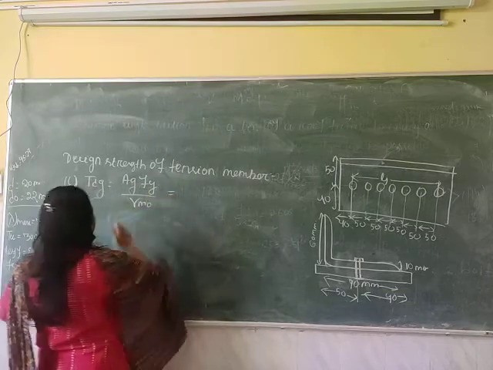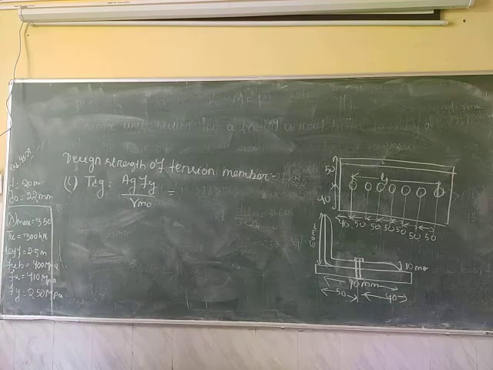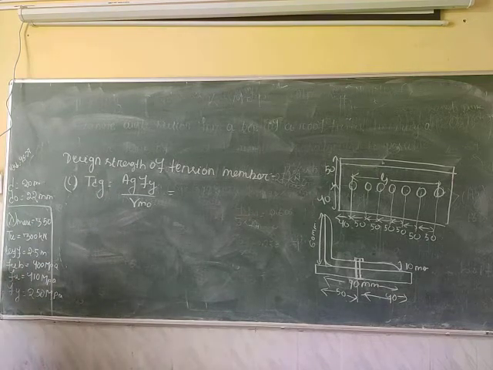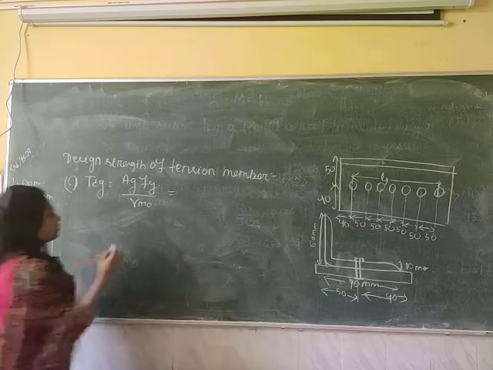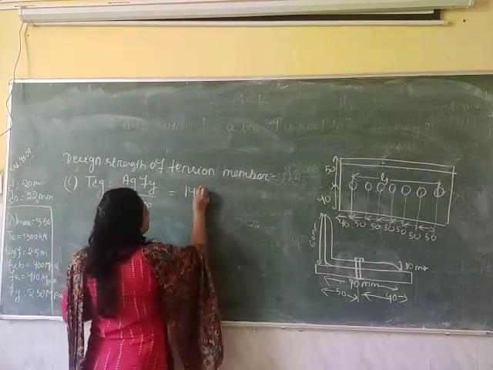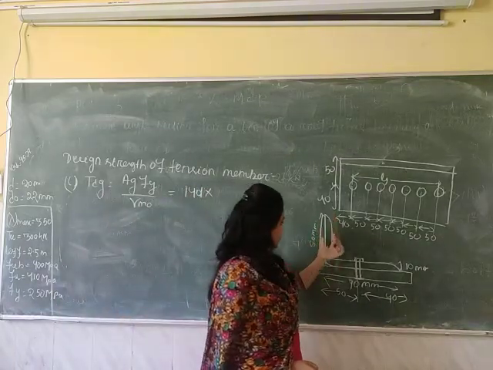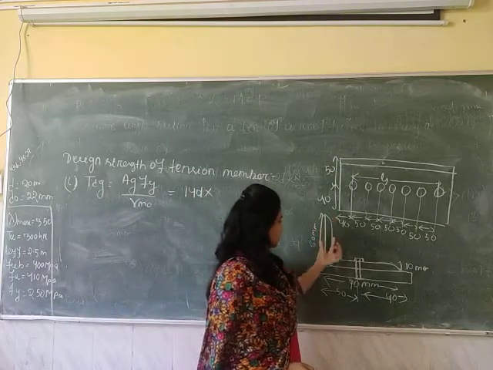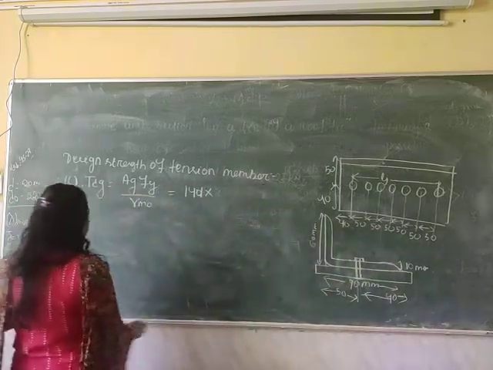Here, take the gross area as the provided gross area, not the required gross area. Here we have provided the gross area as 1401 mm square, meaning the gross cross-sectional area of this angle section is 1401 mm square.